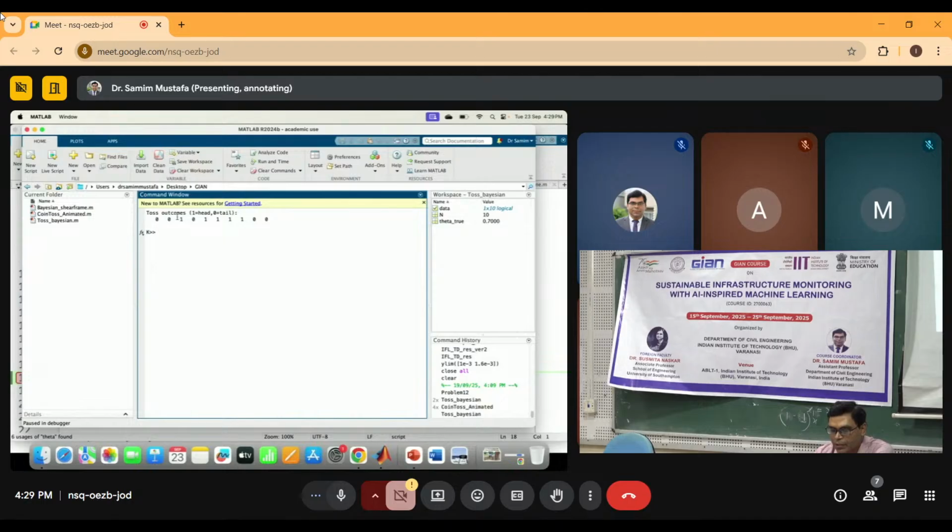In the first toss, it is 0, which means tail. In the second, it is also tail. In the third, it is head. In the fourth, it is again tail. Then all are head up to the eighth. Then in the ninth, it is tail, and the tenth also tail.